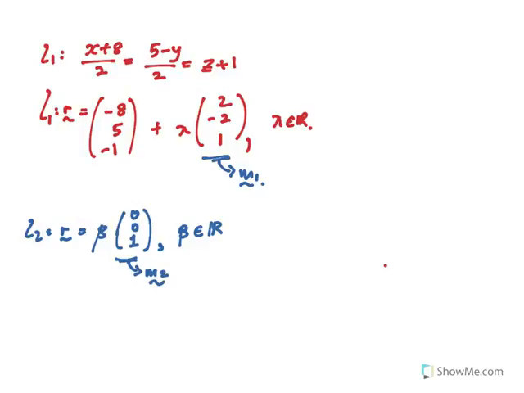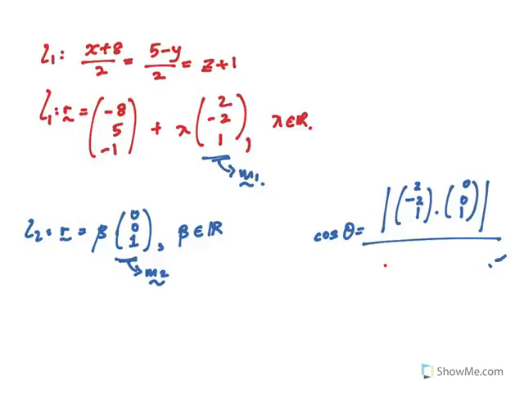So when we want to find the angle between two lines, let theta be the angle between the two lines. We use the formula: cosine theta equals M1 dot product with M2 over the product of the magnitudes. For (2, -2, 1) we have square root 9, and below we have square root 1 as well.